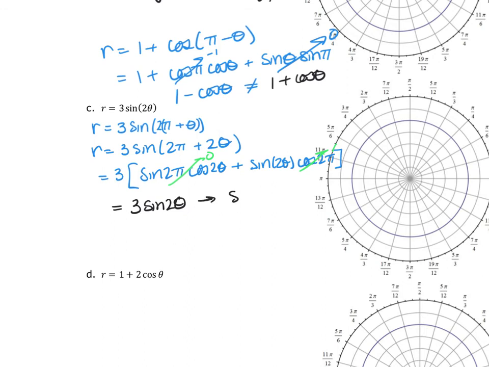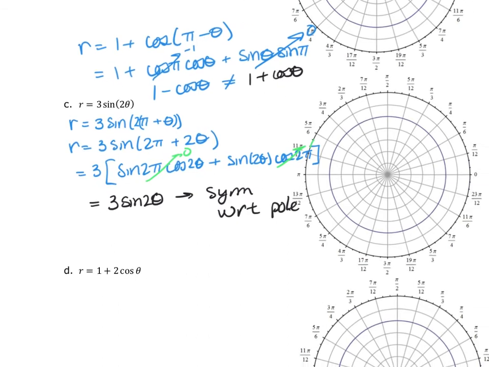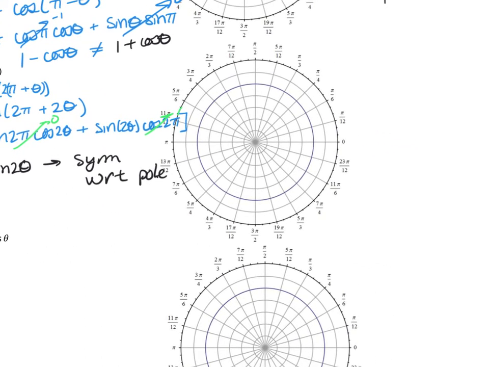This tells me we have symmetry with respect to the pole. That's kind of nice. So what that means is whatever happens here across this pole will happen here simultaneously. Whatever happens here has to happen across the pole, 180 or pi across the pole. So we like it when we see that.